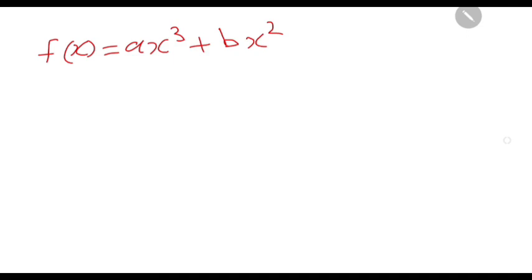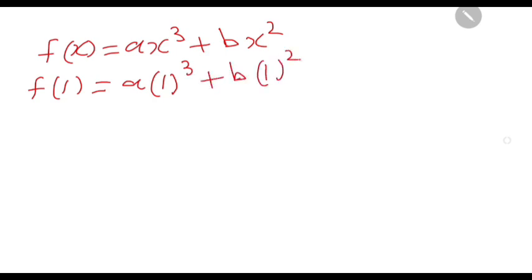So if I have the x values of A and B, I can substitute into this equation to get the y values. First I'm going to find the y value of A. The x coordinate of A is 1, so I substitute f(1) into this equation: a(1)³ + b(1)², that gives me a + b.